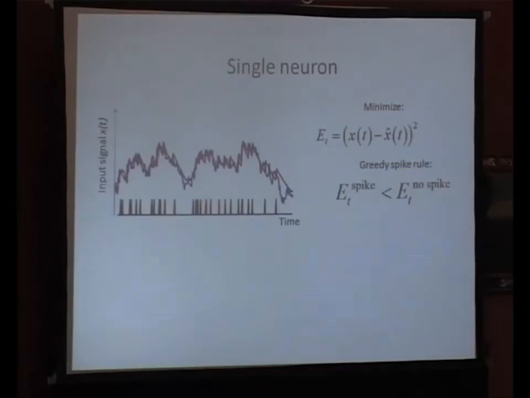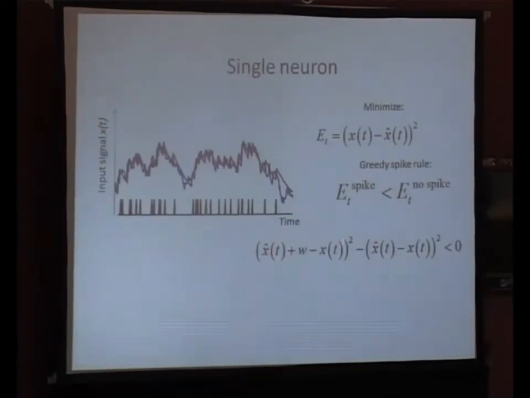A very simple way of minimizing that function is to use a greedy spike rule, meaning that we can decide to fire a new spike whenever the error, the distance between x and x hat, with a spike is actually smaller than the error without a spike. All right? So if we do that, the spiking will constantly minimize that error E. So this gives us a very simple firing rule.